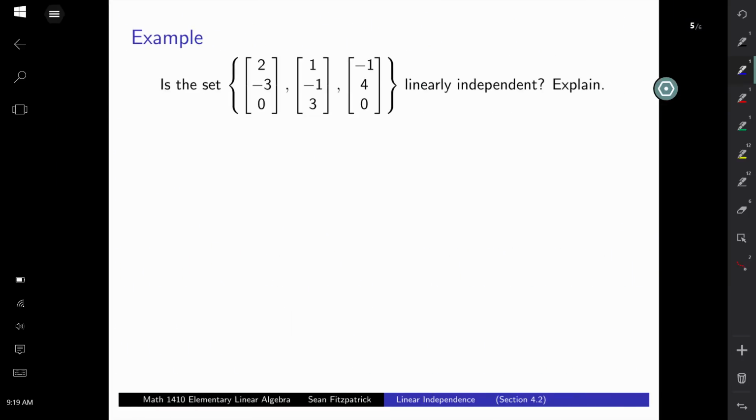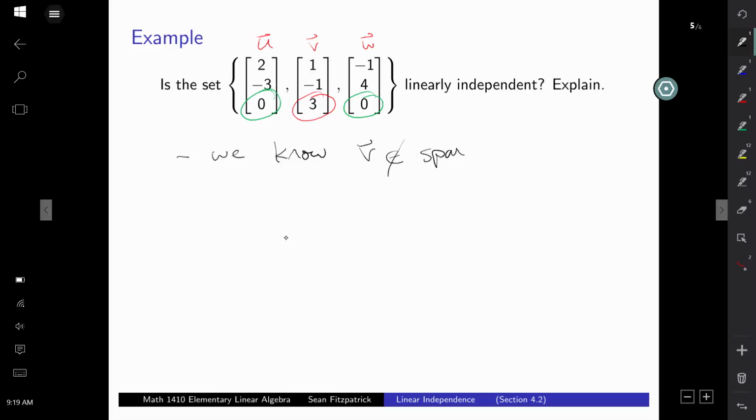Okay. All right, here's another example. Is this set linearly independent? How could we decide that? Well, the key observation to make here is that two of these three vectors have zeros in them. The third one does not. So if we label these u, v, w, we know that v does not belong.